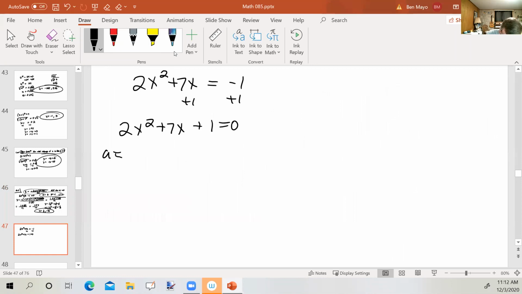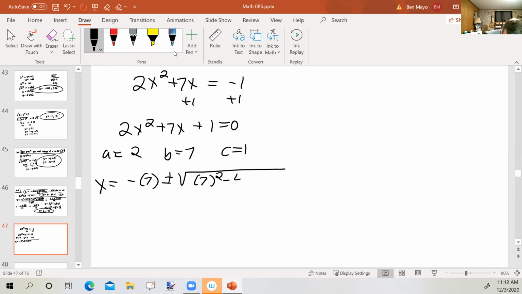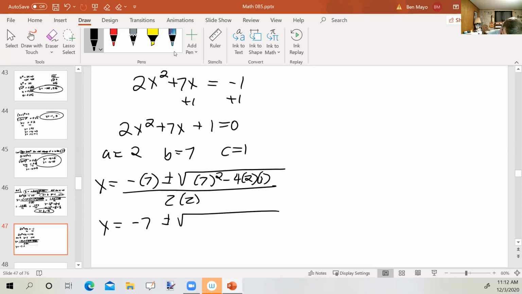So now we have a equals 2, b equals 7, and c equals 1. So x equals negative b plus or minus the square root of b squared minus 4ac all over 2a. So x equals negative 7 plus or minus the square root of 49 minus 8 all over 4. X equals negative 7 plus or minus the square root of 41 all over 4.